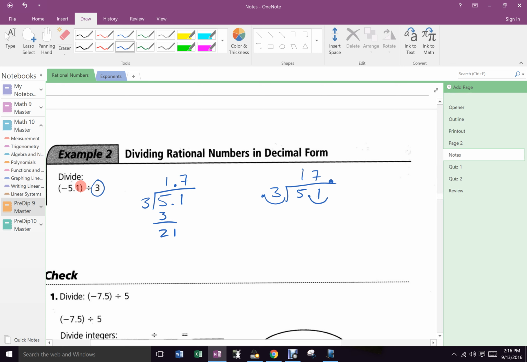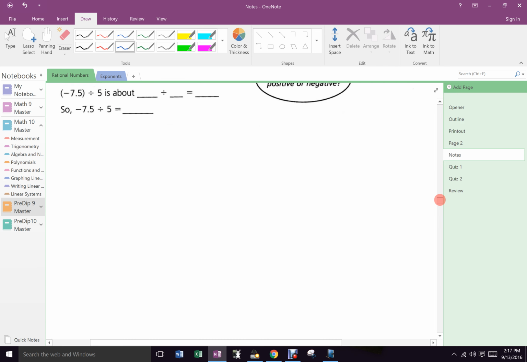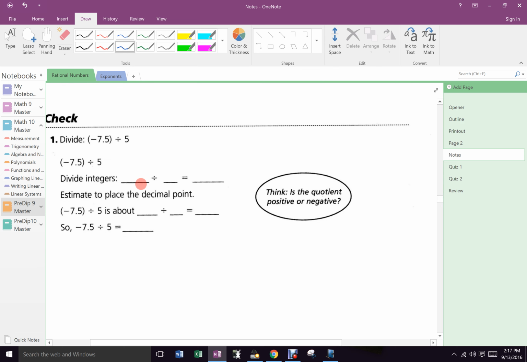Cool? For the first one, it's a negative answer. Yeah, of course it's negative. All right, so look at this one. Again, this is all what I was just talking about. This is get the estimate down. 75 divided by 5 is 15, yeah?